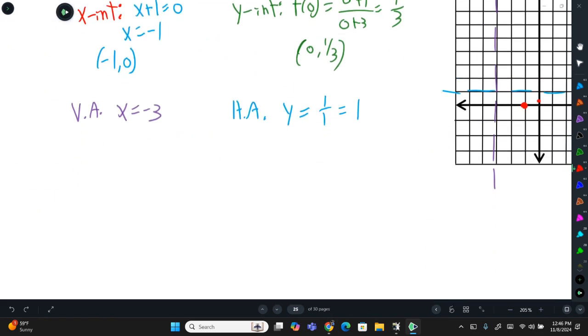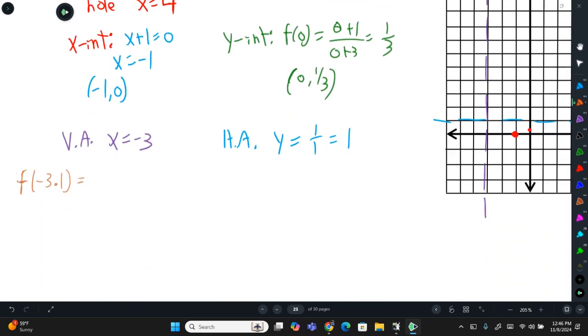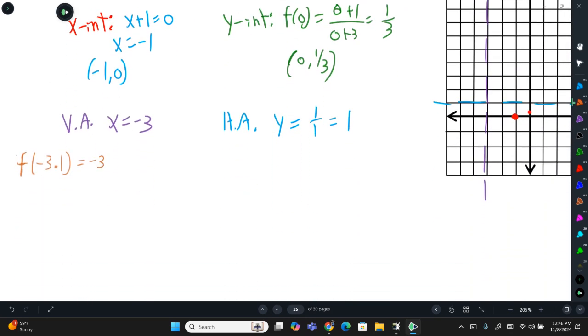Right, so our vertical behavior, what's happening on each side of the asymptote, so f of, and we're going to go slightly smaller, so negative 3.1, and we're going to substitute that into the factored form, x plus 1 over x plus 3. So negative 3.1 plus 1 over negative 3.1 plus 3.